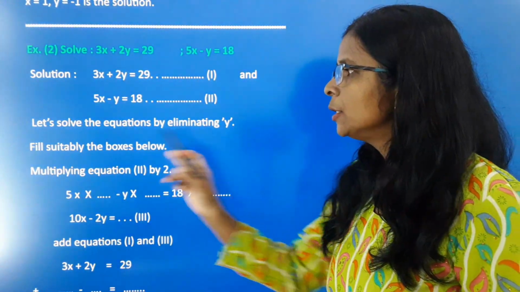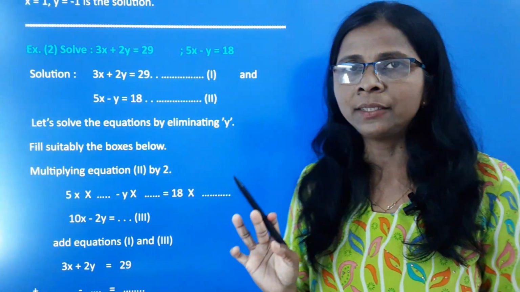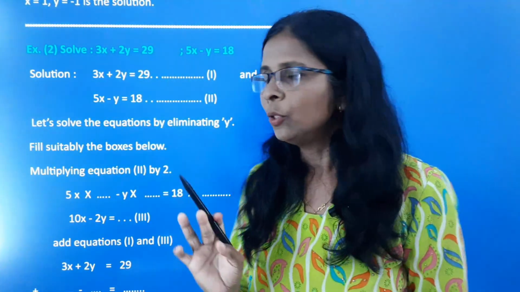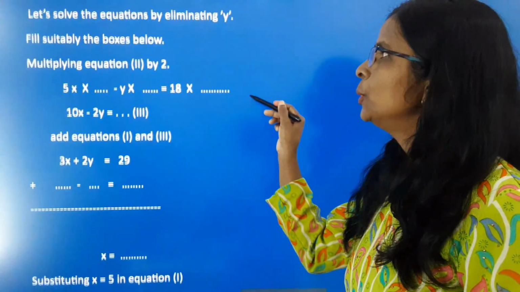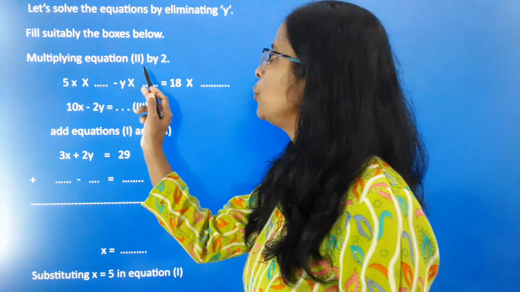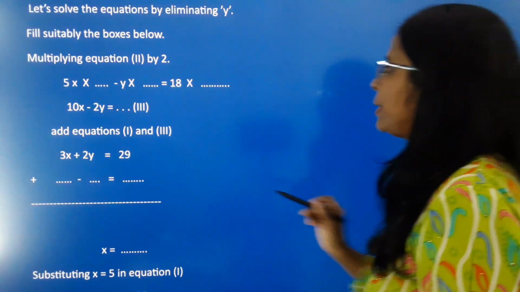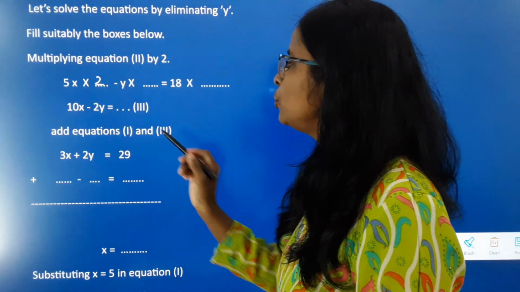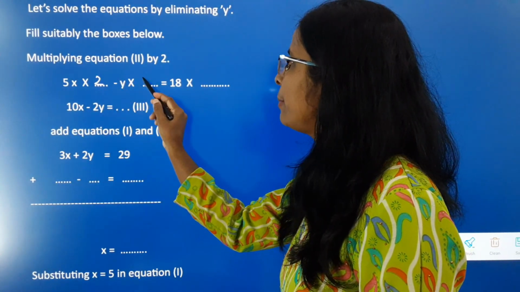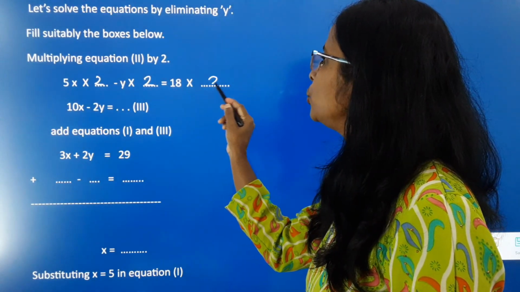So now here fill the boxes suitably, because it is an activity based question. So now here multiply equation 2 by 2. Okay, multiply equation 2 by 2. So here 5x multiplied by 2, minus y multiplied by 2, is equal to 18 multiplied by 2.